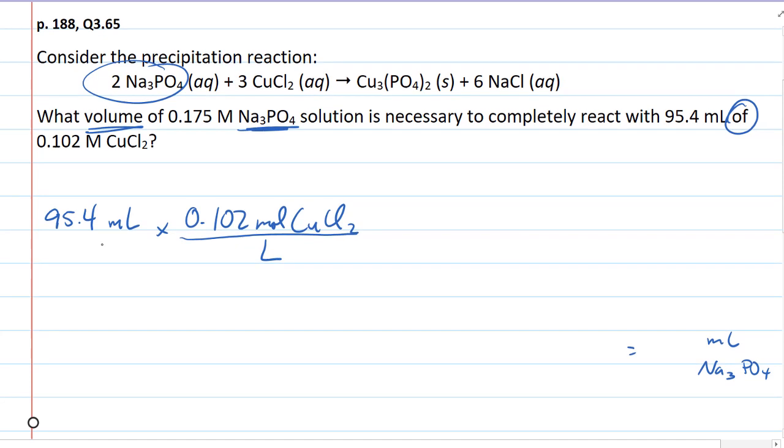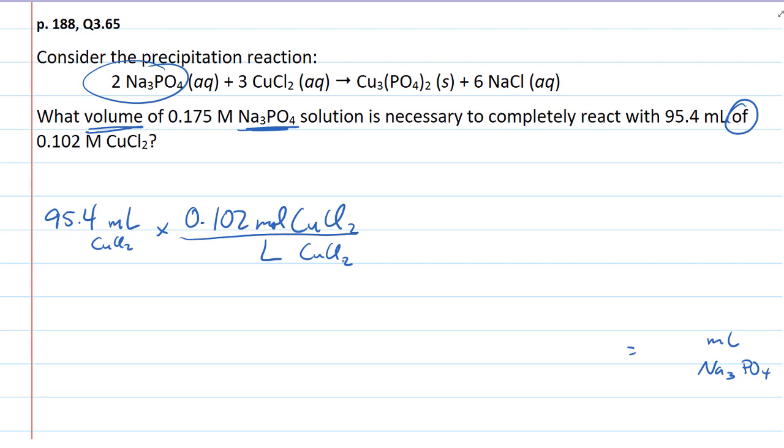And of course, remember, this is the milliliters of the copper 2 chloride solution, and this is the moles of copper 2 chloride per liter of the copper 2 chloride solution. Well, now we're getting a little closer to getting units to cancel. This here is liters, this here is milliliters.